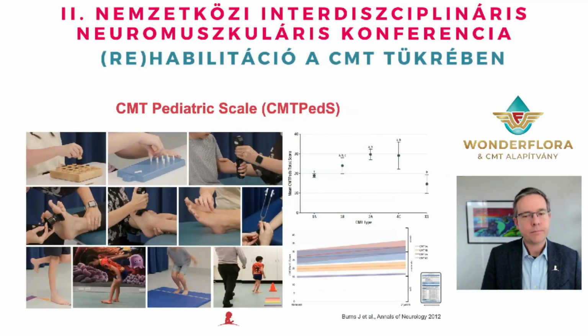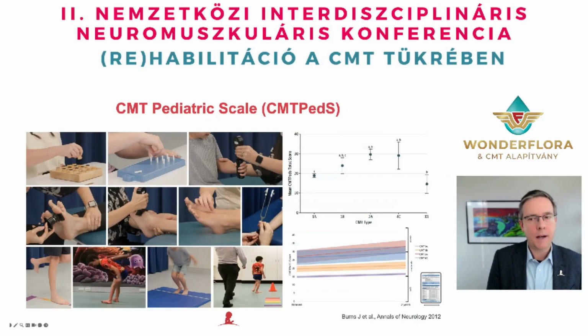Okay, so one example is the CMT pediatric scale, or the CMT PEDS. The CMT pediatric scale is an 11-item scale, and it measures hand dexterity, so how your hands and fingers function with these two tests. Then there's strength tests of hand grip, and then also foot strength, which we've got plantar flexion there and dorsiflexion.